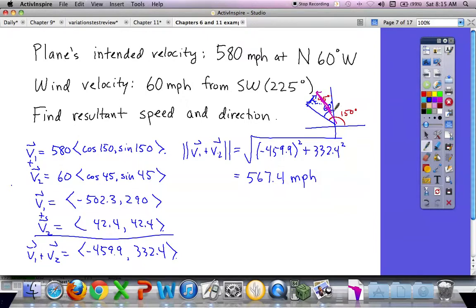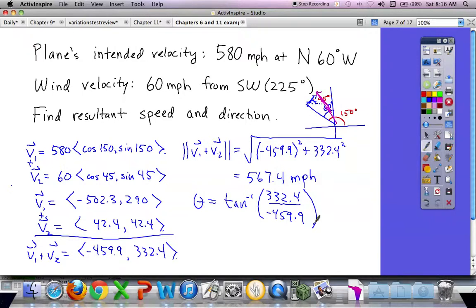How do we find the angle? Again, we do tan inverse of these coordinates here, 332.4 divided by negative 459.9. Tan inverse of 332.4 divided by negative 459.9.